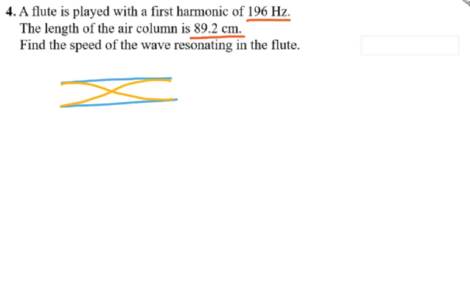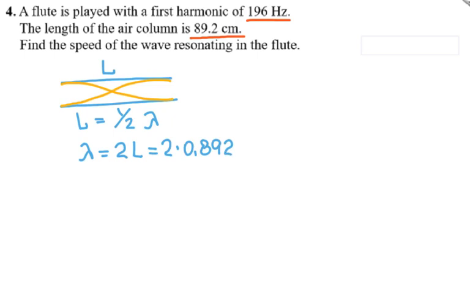In this case, I have L, and L is equal to, again, 1/2 of the wavelength. Then the wavelength is equal to 2 times L, which means it's 2 times 0.892. That gives me the wavelength is equal to 1.784 meters.